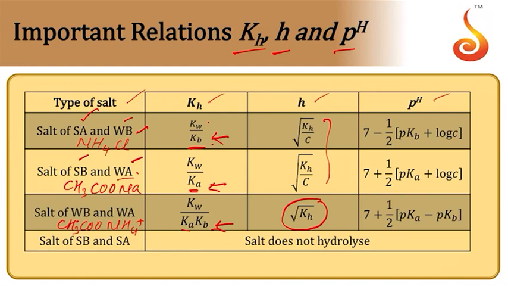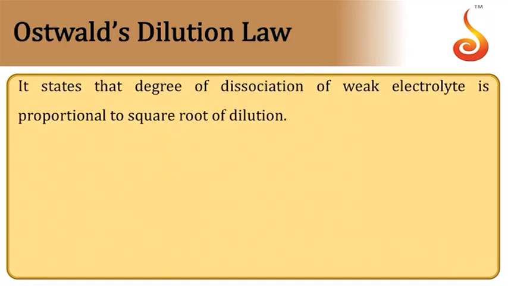Therefore 7 plus pKa by 2 plus half log C. When both of them are weak, it will be 7 plus pKa by 2 minus pKb by 2. Try to remember the formulas. And when both are strong, something like NaCl, the salt never hydrolyzes, and therefore formulas will not be there for the salt of a strong acid and a strong base.